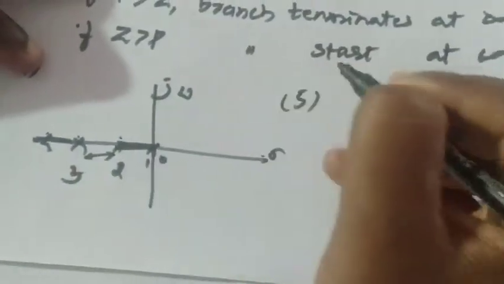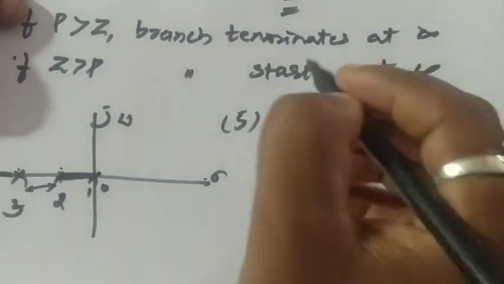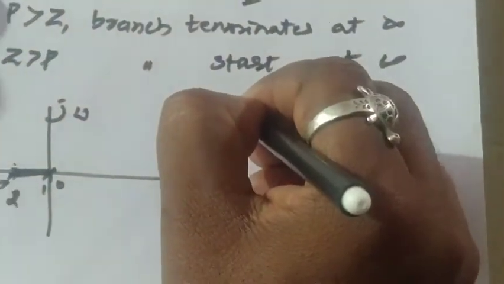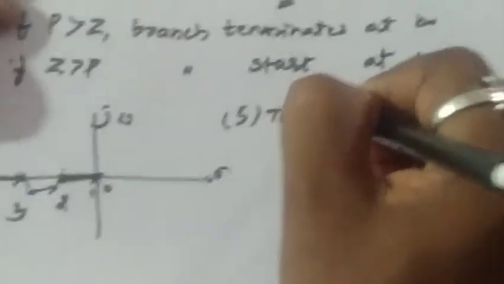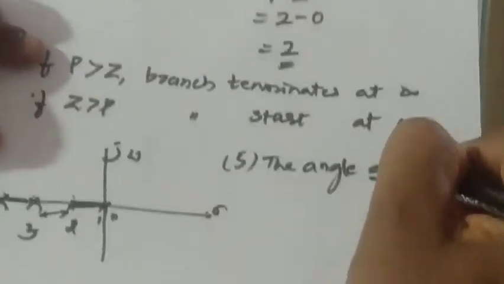Now the fifth rule is the angle of asymptotes. Now you have to calculate the angle of asymptotes.